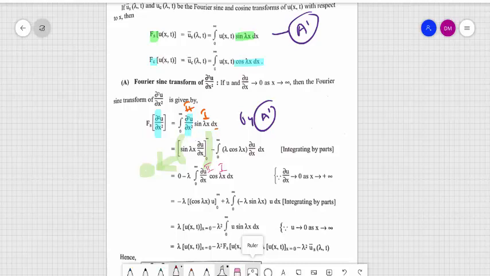Derivative of the first function with respect to x is minus λ sin(λx), times the integral of the second function, that is u only. Simplify this: as x tends to infinity, u tends to 0, so the upper limit will be 0. As x equal to 0, cos 0 is 1, so u only there. Minus minus becomes plus, because before the lower limit there is a sign of minus 1.